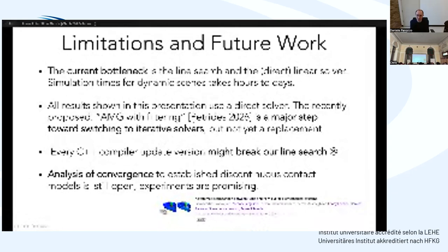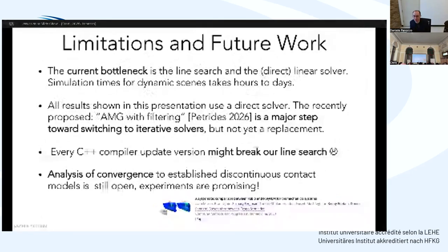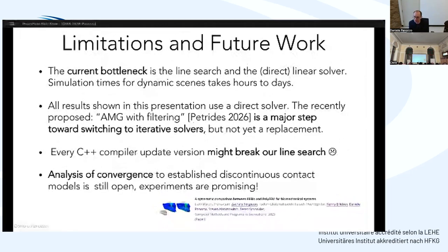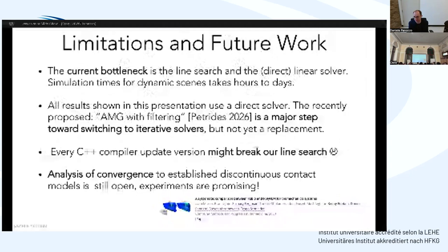That's the current state of things. They are not dramatically slower than things implemented in pure floating point. What we report in the paper is maybe 2-3 times slower compared to other contact approaches, but still very far from real time.